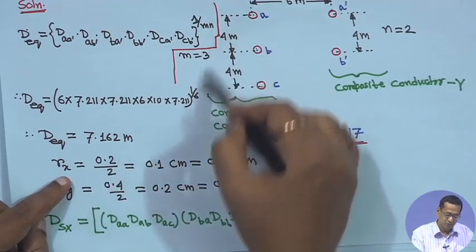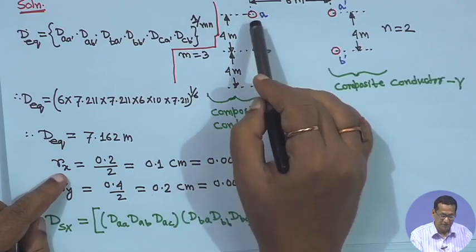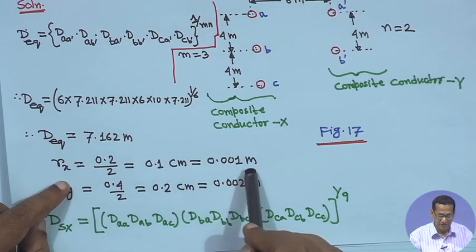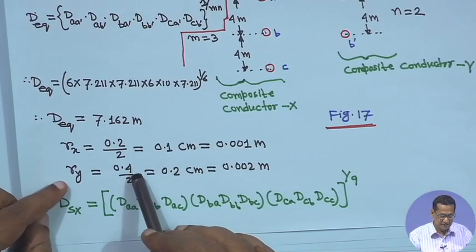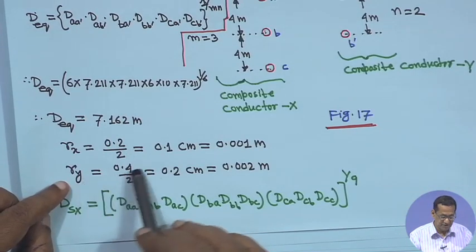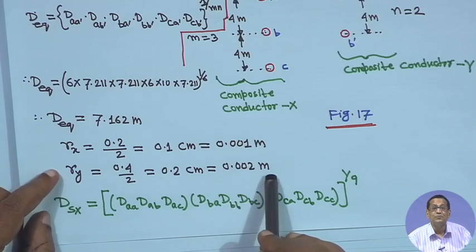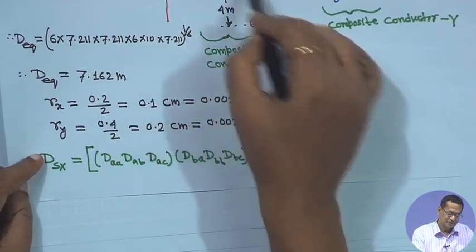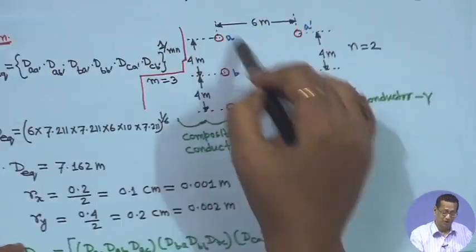Similarly, for group X, all the diameters are the same, 0.2, so the radius will be 0.2 by 2, that is 0.001 meter. Similarly, for this group the diameter is 0.4 centimeter, so R is equal to 0.4 by 2, which is 0.2 centimeter, equal to 0.002 meter. Therefore, find the self GMD for this group.